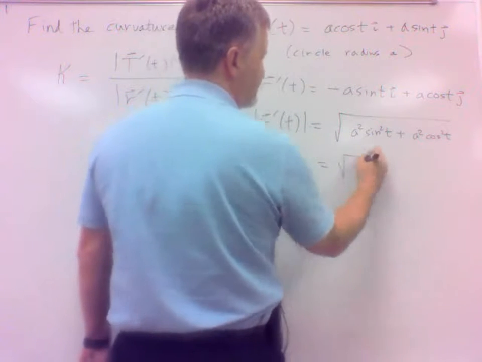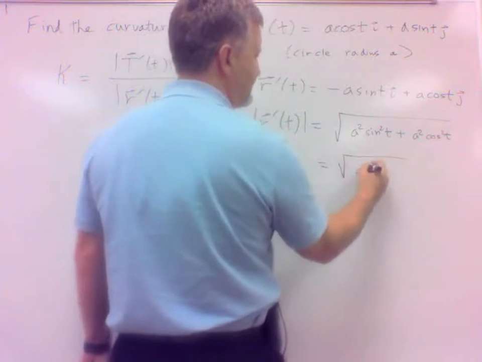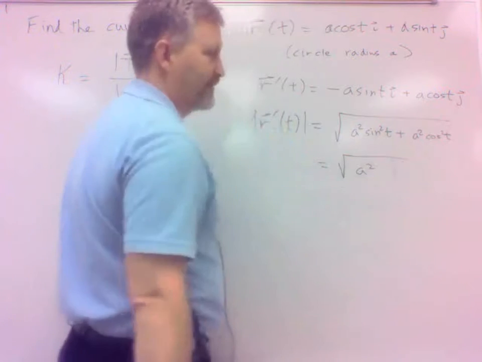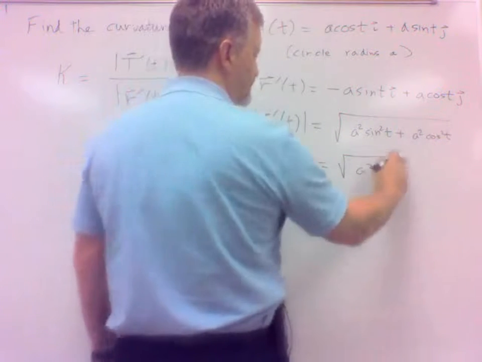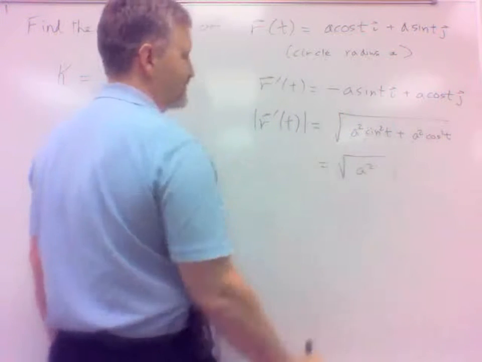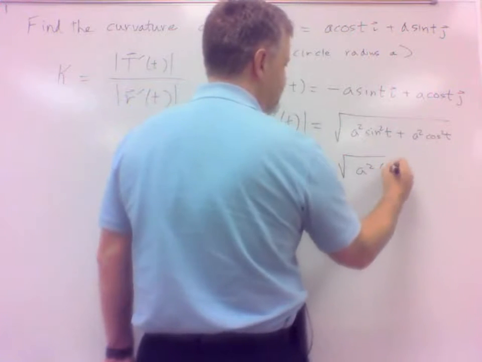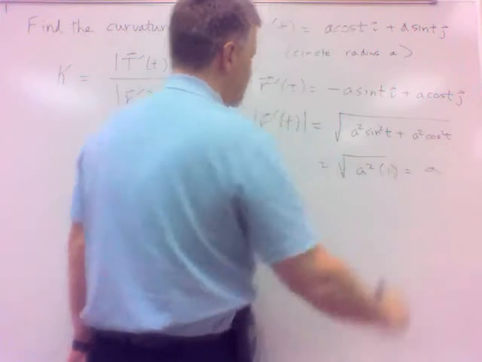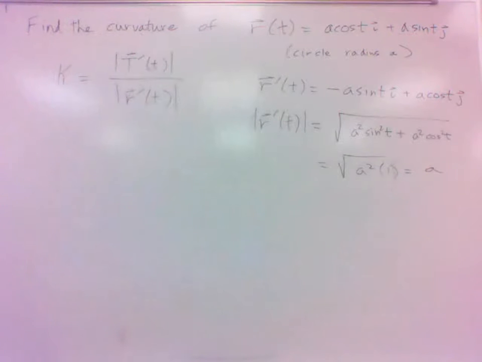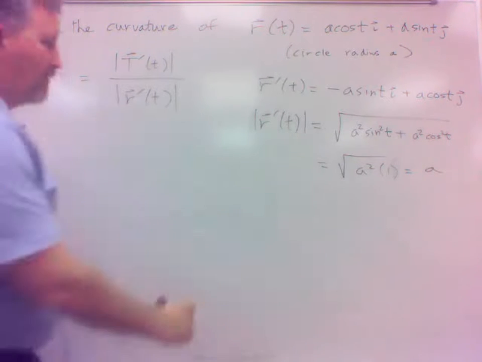So we're going to get the square root of a squared times the sine squared plus the cosine squared, after you factor off the a squared. That would just be 1. So the magnitude there is just a of the derivative vector. All right, what about the unit tangent vector?